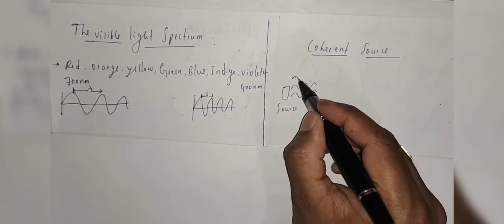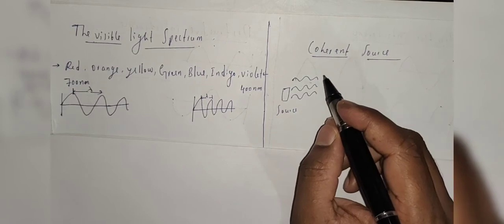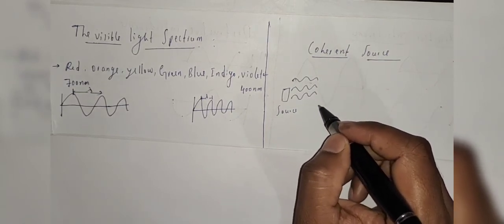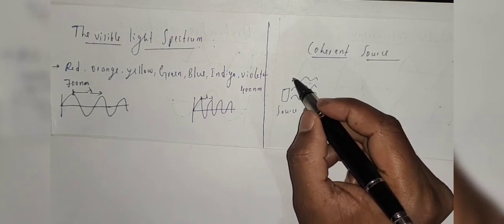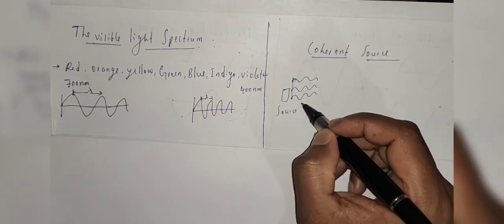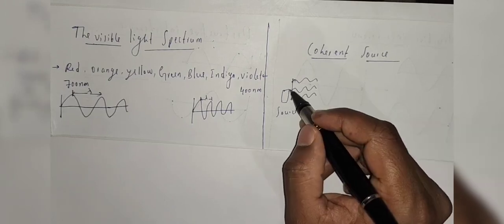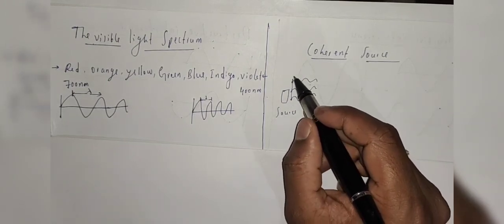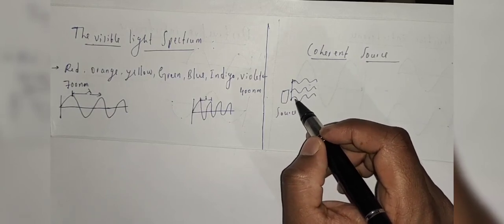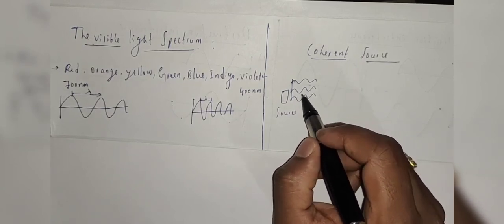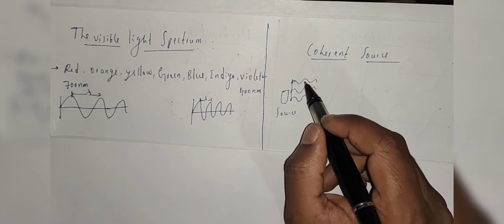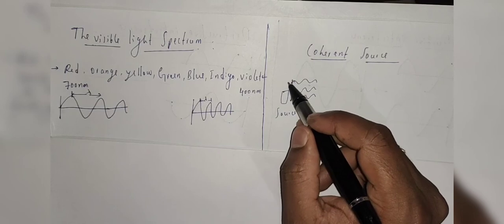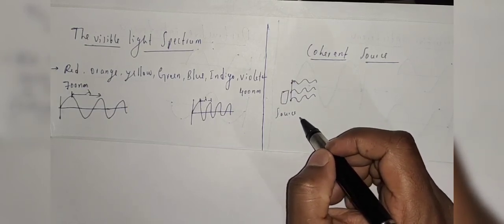If all the waves have exactly the same frequency and there is zero phase difference between these waves, then we call such a source a coherent source. A source which has the same frequency and zero or constant phase difference, we call a coherent source.